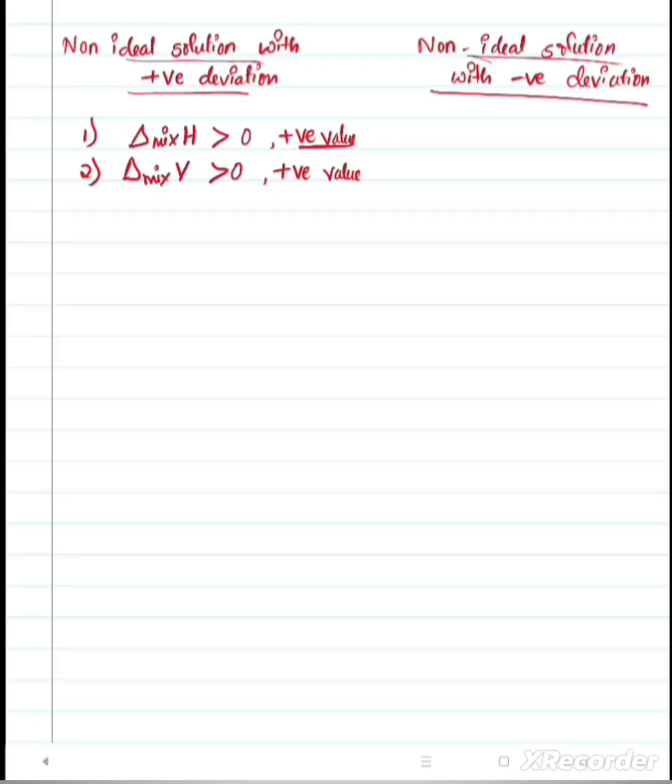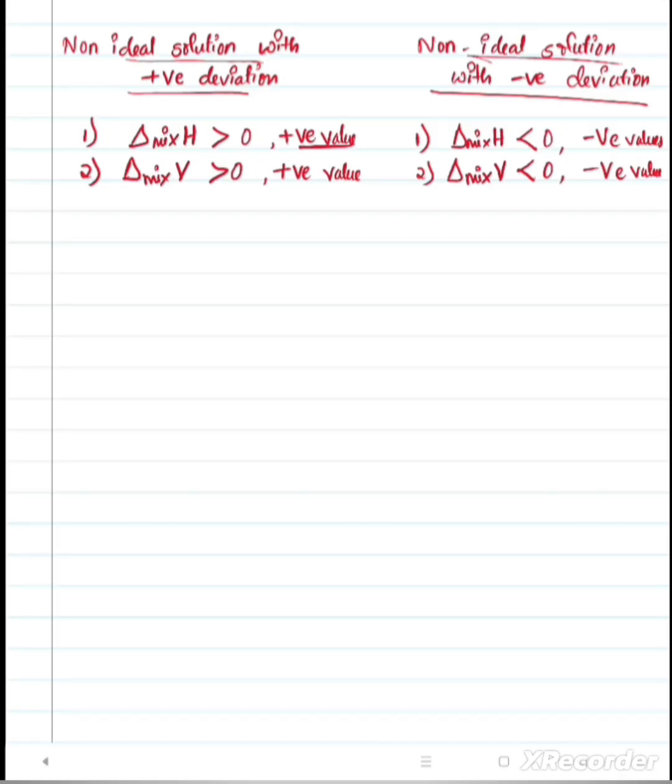Okay, when it comes to negative deviation, delta mix H is less than 0. Less than 0 means you will get negative values. Then second one, delta mix V is less than 0. So this one also you will get negative values.